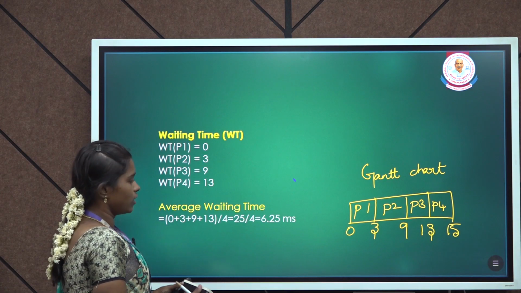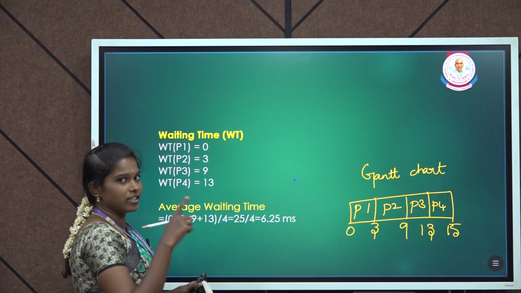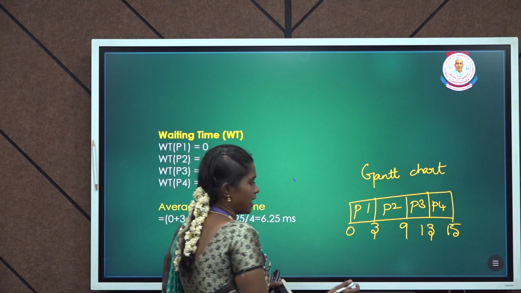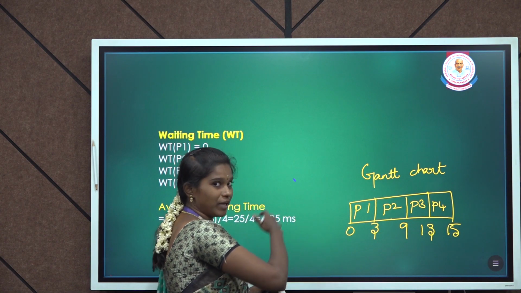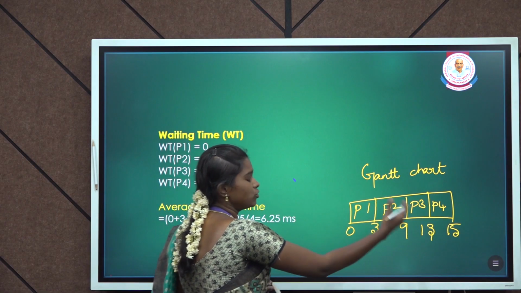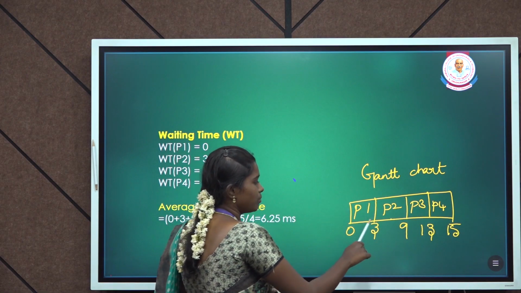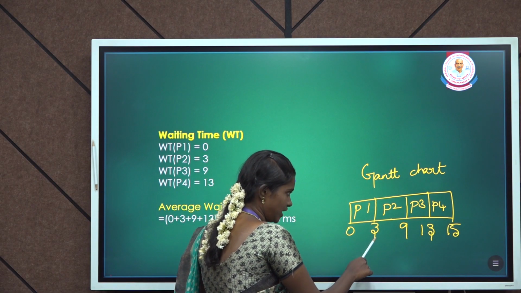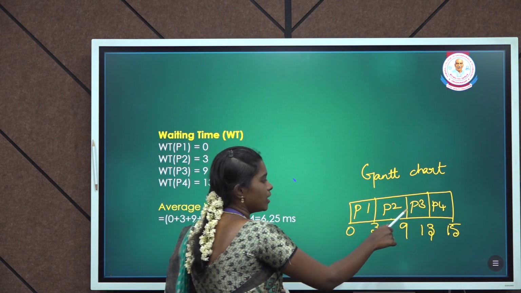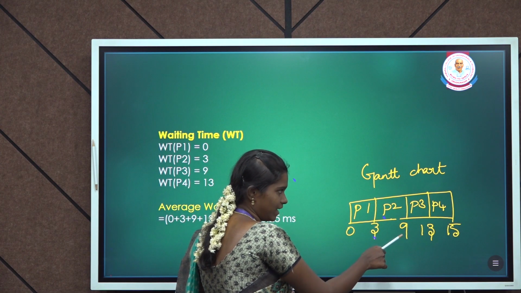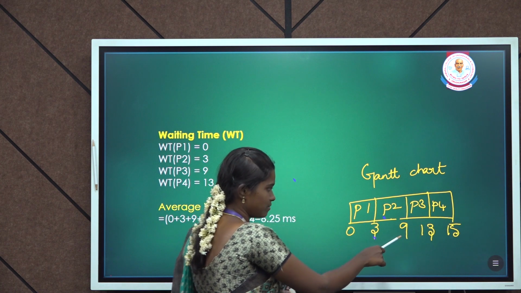Next we have to find out the waiting time and turnaround time. What is the waiting time? The P1 process completion time is the P2 process waiting time. The P1 completion time is 3 and the P2 waiting time is 3. The P2 completion time is 9 and the P3 waiting time is 9.